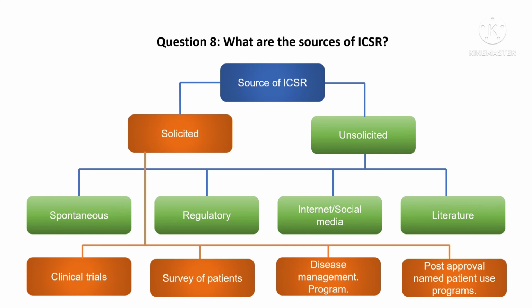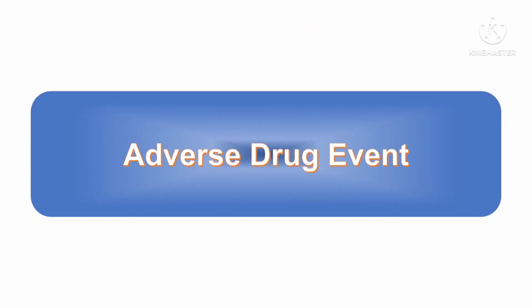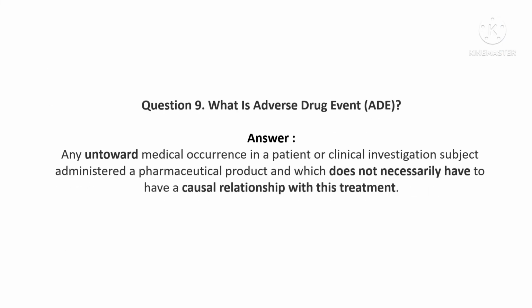Moving to the next question. Next parameter is adverse drug reaction. Next validity criteria is adverse drug reaction. So understand what is adverse drug reaction, what is adverse drug event. The answer is any untoward medical occurrence in a patient or clinical investigation subject administered a pharmaceutical product and which does not necessarily have a causal relationship with this treatment.